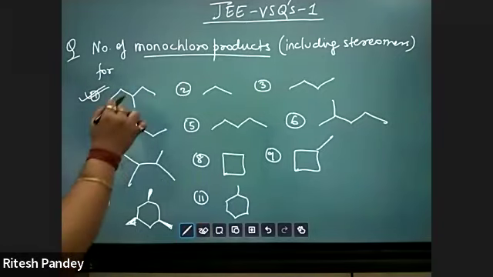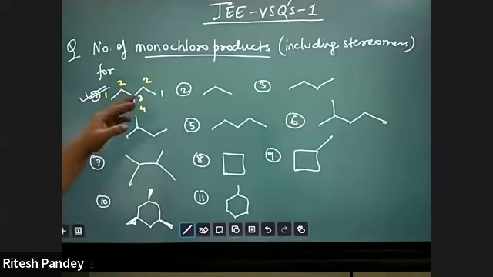So if I do it like 1, 2, 3, 2, 1, and 4. I hope you understand. One here or one here would mean both are going to be 1-chloro-3-methyl pentane. Two here would mean it's going to be 2-chloro-3-methyl pentane, whether you put a chlorine here or here. 3 is again about 3-chloro-3-methyl pentane.